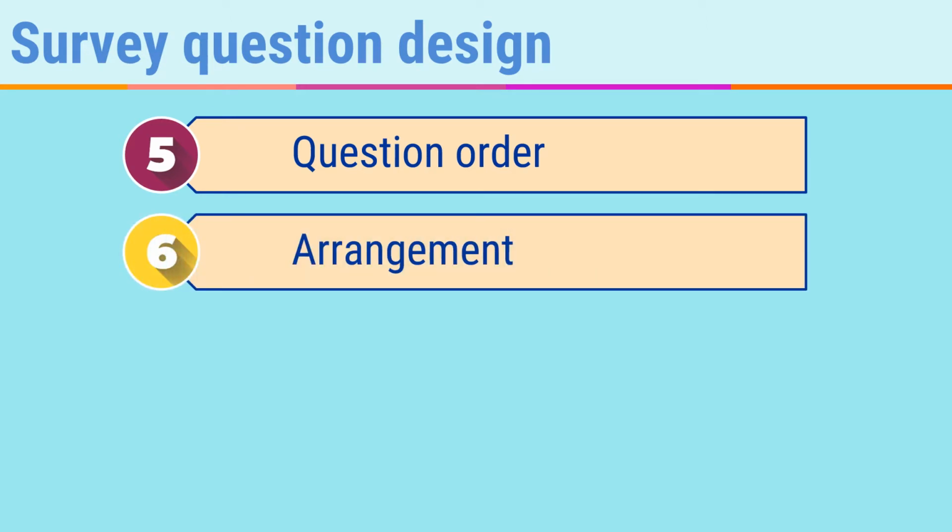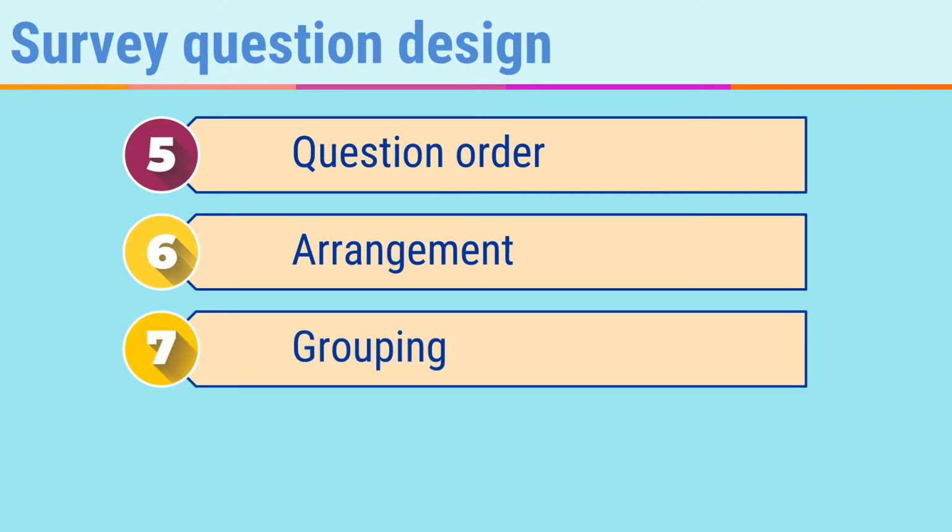We need to arrange the order and organization of the survey in such a way that it is easy for the respondents to understand. We need to group together questions that cover similar topics with subheadings.